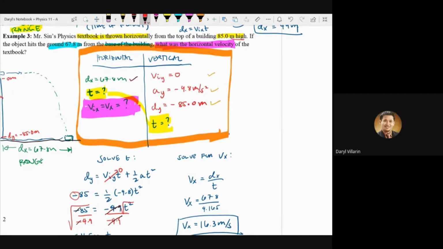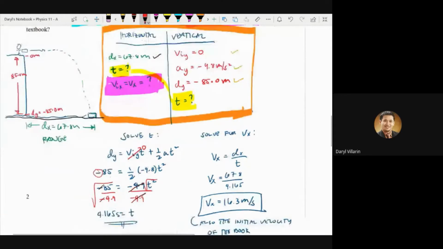Even for the velocity along y, you can still solve by choosing the right displacement equation. Knowing that the time here is the same time that can be used on the other side, now you have one additional, so that becomes 1, 2. Acceleration here is again 0, so that becomes 3. So you still use the displacement equation to solve for that.